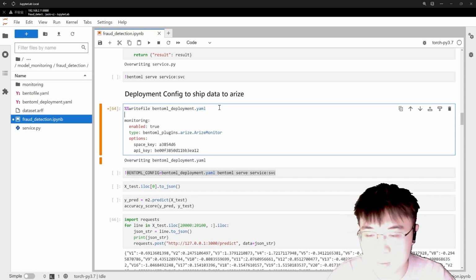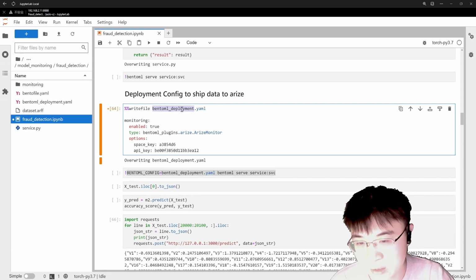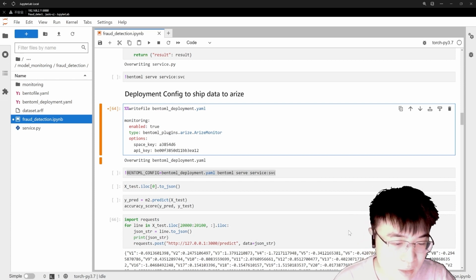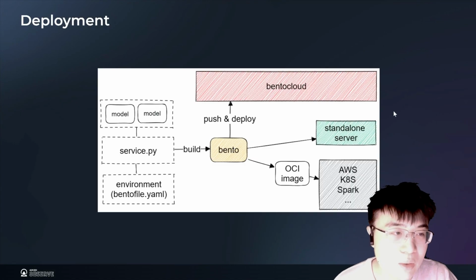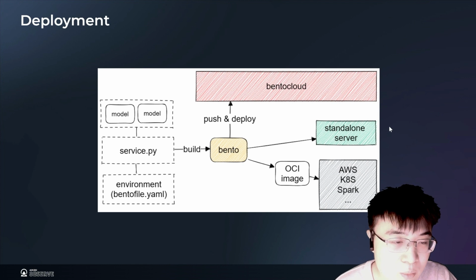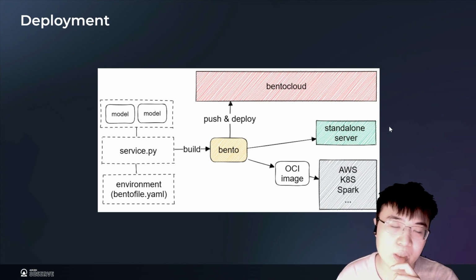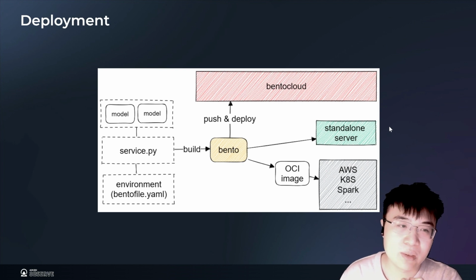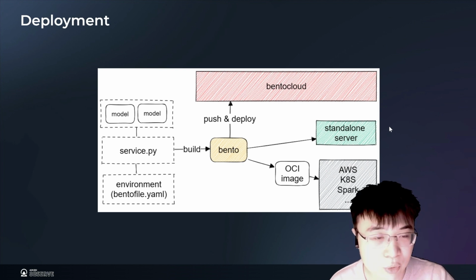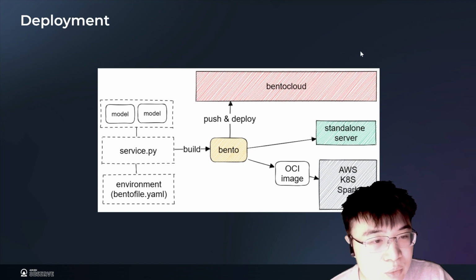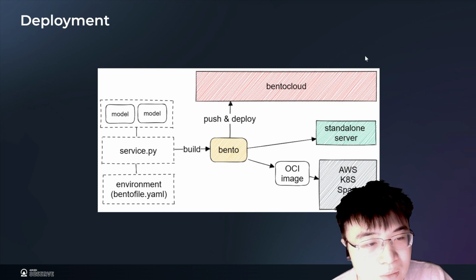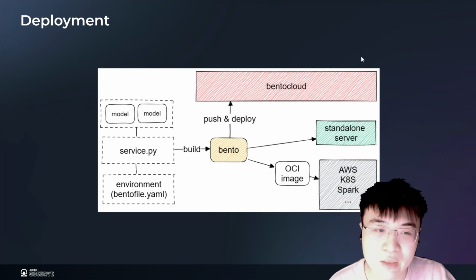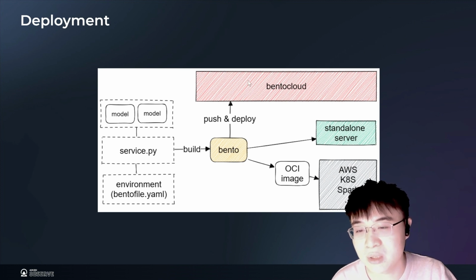So you may ask why we have another configuration with a different name. As you can see here, what we have done is build a bento, which is what we call a BentoML service. A bento is a deliverable that's ready to deploy anywhere. You can deploy it to a SaaS platform, Bento Cloud. You can deploy it as a standalone server, just like bentoml serve.